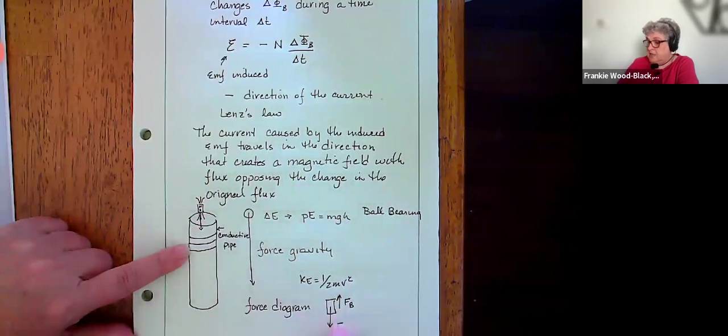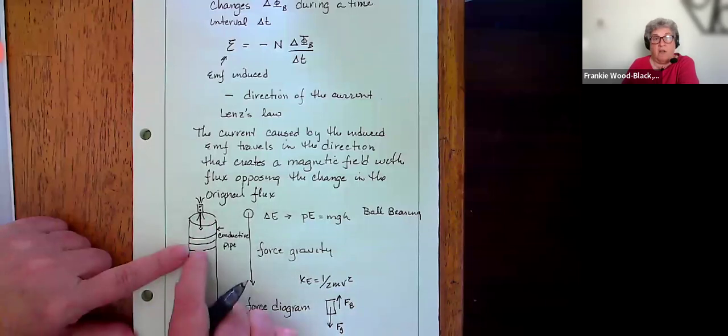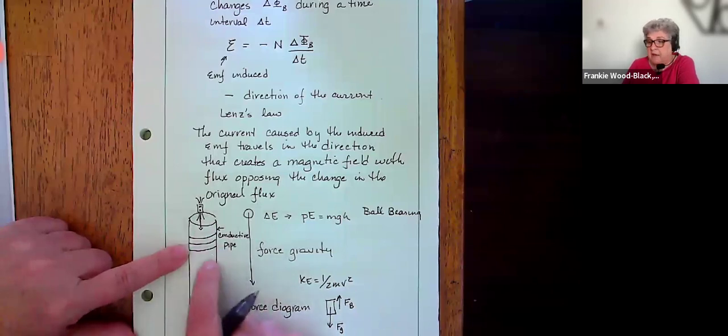And so because of this, my magnet is going to take a lot longer to fall through this tube than just my regular ball bearing, because I have an opposing force that's causing a drag on that particular object. And it's all the result of the opposing magnetic field that the current is bringing about.